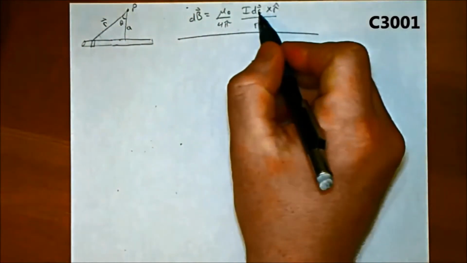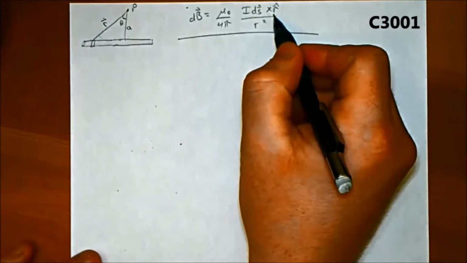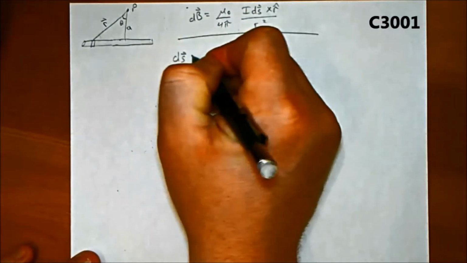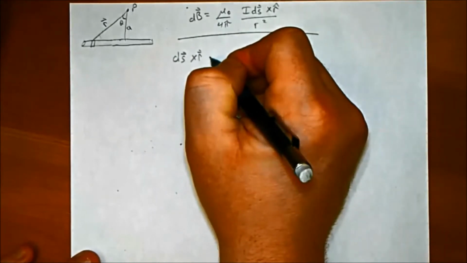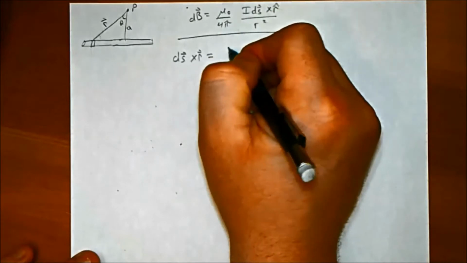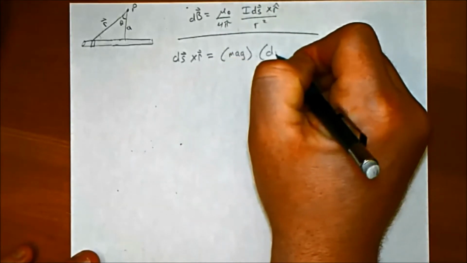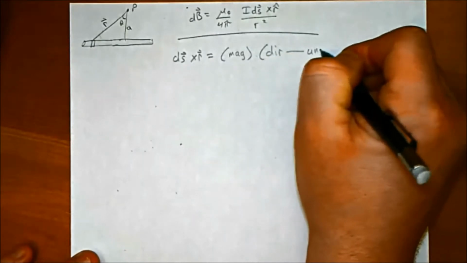So the most complicated part of this is the ds cross r hat. So why don't I look at that real quick first. ds cross r hat. Well, this is a cross product between two vectors that results in another vector. So the result of this is going to have some magnitude and some direction, which will be given by a unit vector.